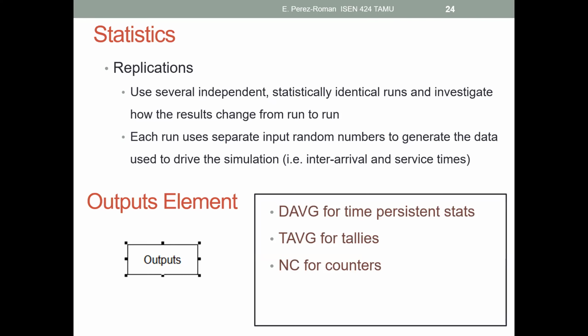As we move forward with the semester, you're going to get a lot of practice on how to code these different statistics. So when we get into defining that summary report for all replications, these are the three things that we're going to call to build that summary report.